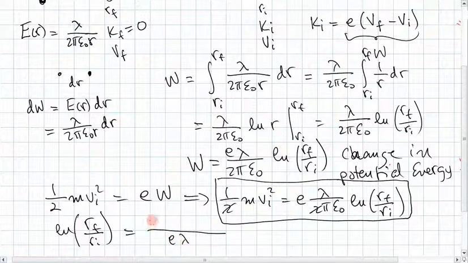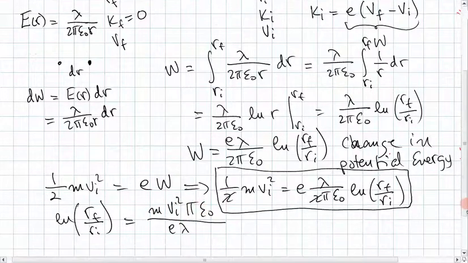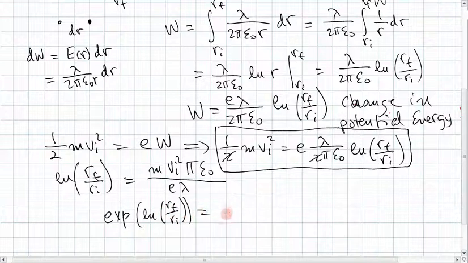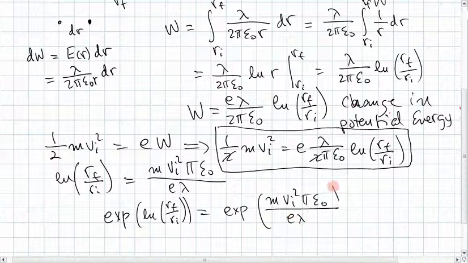So now I can take exponentials on both sides, and I get that the exponential of the logarithm of Rf over Ri is equal to the exponential of m vi squared pi epsilon naught divided by e lambda.